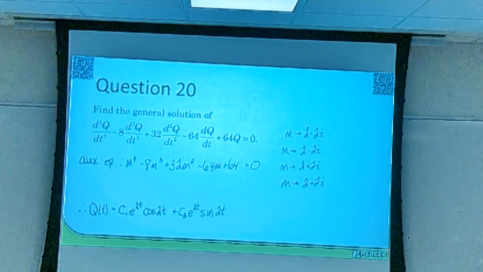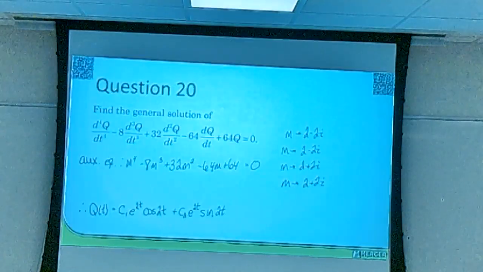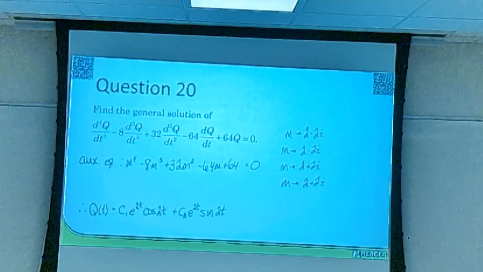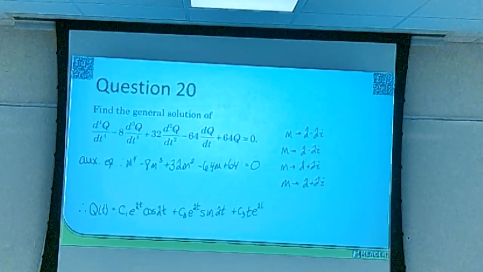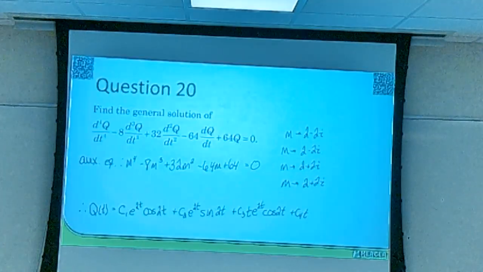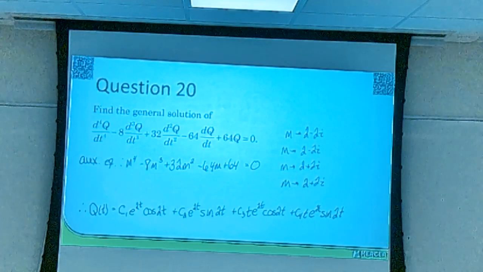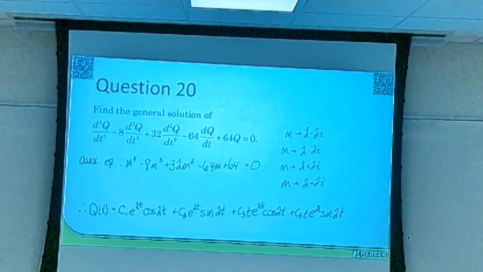Then you move on to the second pair. But it repeated, which means you have to multiply each one by x. And that would be your general solution.